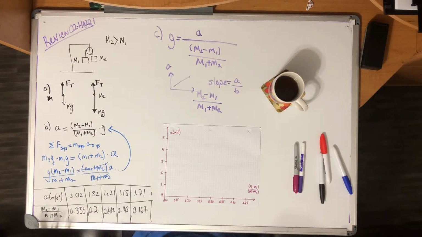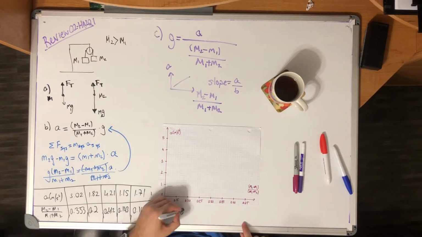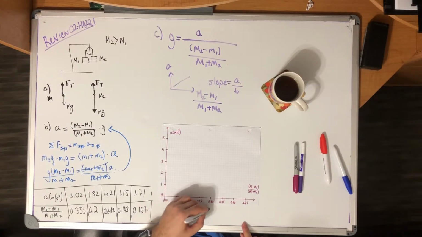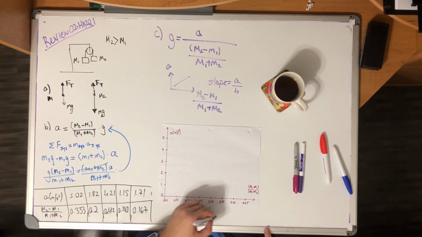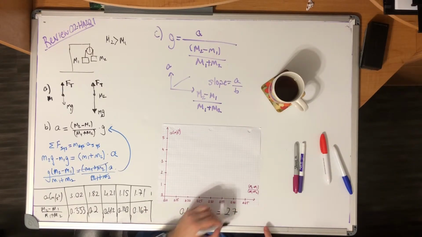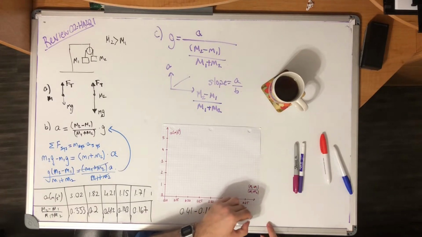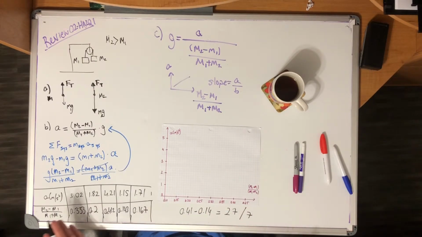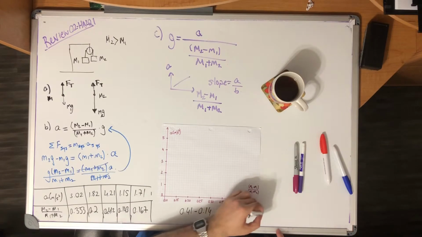A way to figure that out is to look at the smallest number, again 0.14, and go up to 0.41. The best way is getting the difference, 0.41 minus 0.14, which is 0.27. You divide 27 by 7, and it's roughly 4.